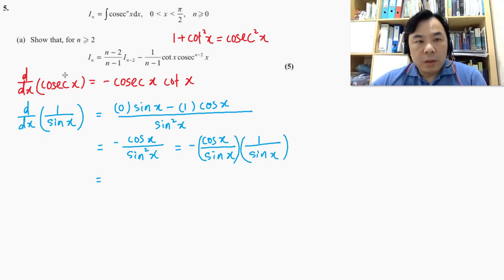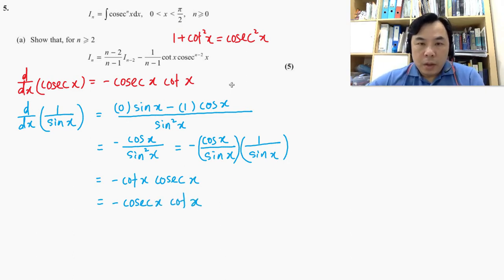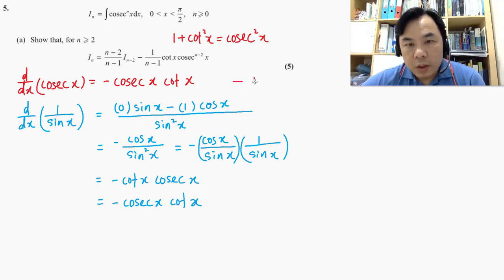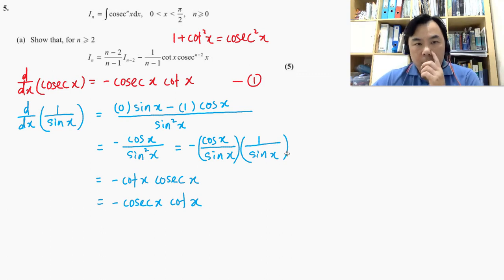So we have negative cotangent x cosecant x, or you can write it as negative cosecant x cotangent x. That's the proof as to why the differentiation of cosecant gives negative cosecant cotangent. We are going to rely on this result shortly, so I'm going to label that as 1.